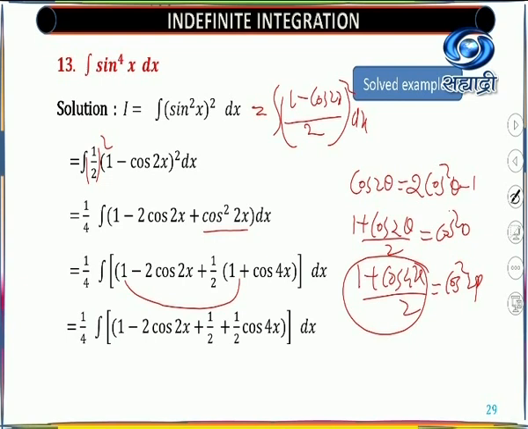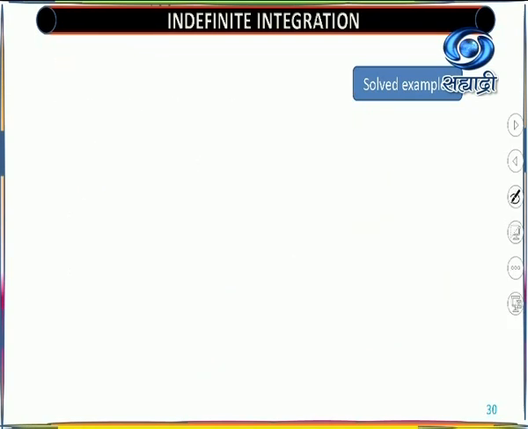So here you will get 1 upon 4 integral of 1 minus 2 cos 2x plus half plus 1 upon 4 cos 4x dx. Now this is half and this one is 1, which gives you 3 by 2. So here is the other integration, 1 upon 4, 1 minus 2 cos 2x plus half plus 1 upon 2 cos 4x dx.